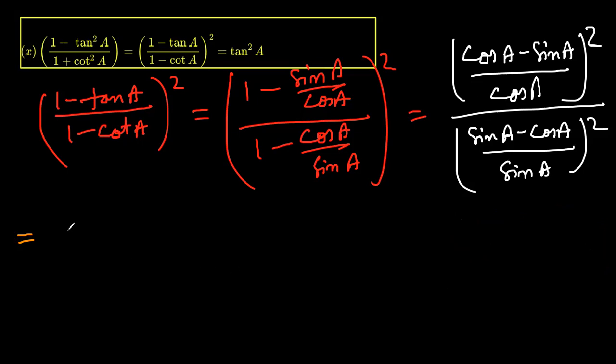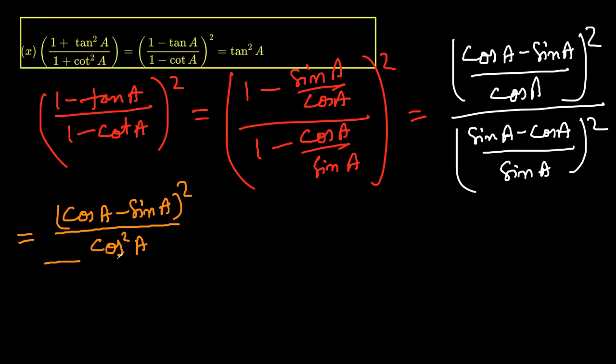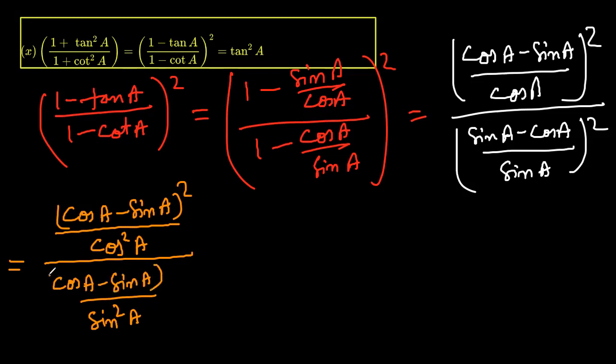So the numerator, which is cos a minus sin a whole square divided by cos a whole square, means cos square a. And in the denominator, denominator is sin square a LCM, then sin a whole square, which will be sin square a. And this is a minus b. We can also write b minus a, so not make any difference. Cos a minus sin a whole square, and whole square of the numerator, right?